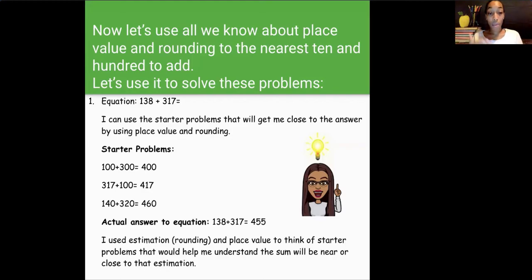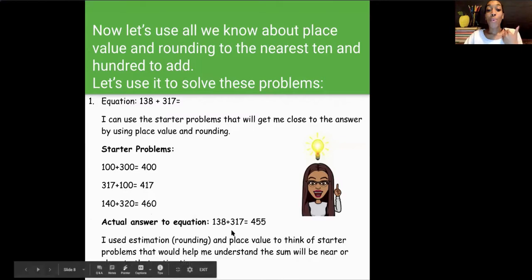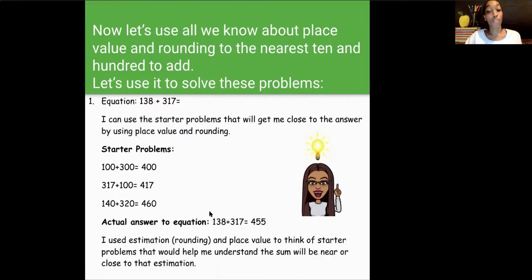One of these starter problems is really helpful to getting my final sum. I like the one where I rounded to the nearest 10. It seems like that gave me a round number that's close to my actual sum. When I add 138 plus 317 and it equaled 455, I knew that had to be the answer because my starter problems were very close to 455.